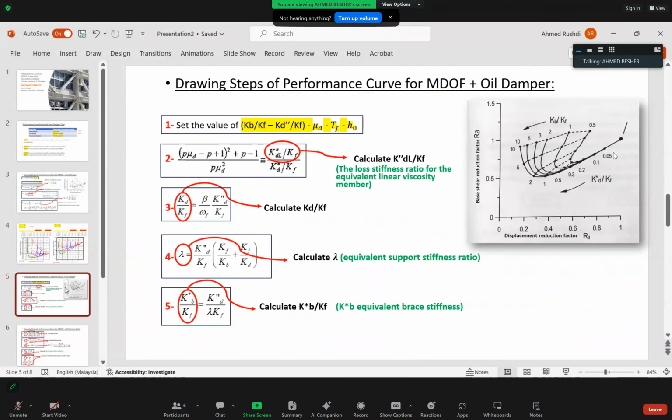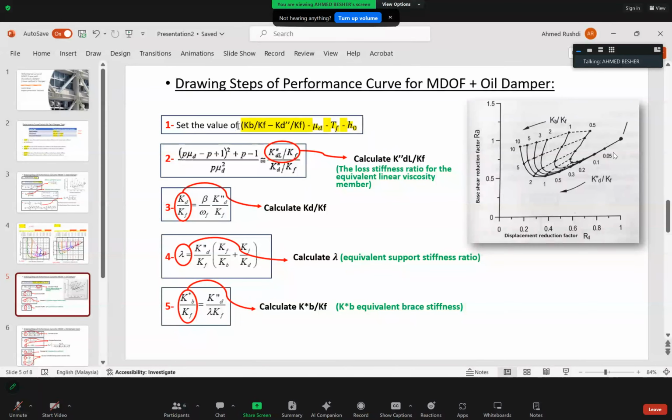For the oil damper, it will be quite more complicated because the governing factors are the ratio between the bracing and the frame stiffness. Also, the initial loss of elastic stiffness between the damper and the frame.